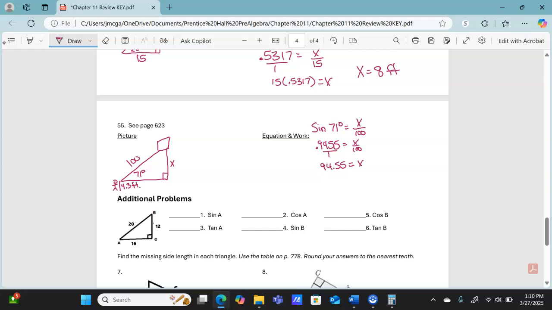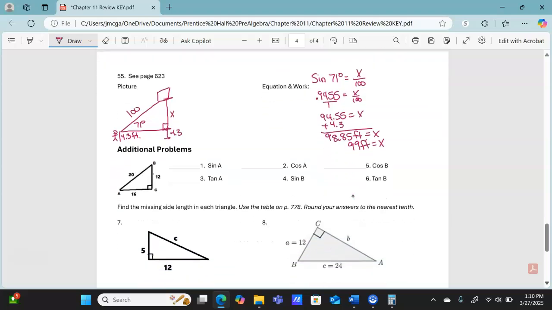But that is that distance from here to here. But we have to add to it that 4.3. And so we have 98.85 feet is how high the kite is off the ground. And my instructions said to round to the nearest unit, so it would be 99 feet.